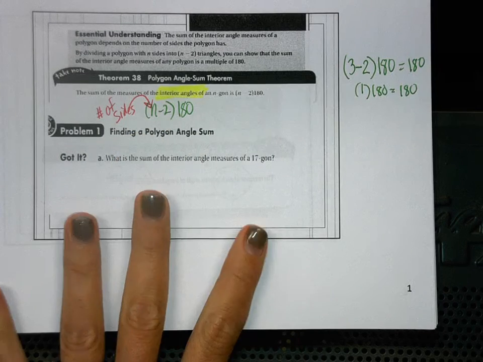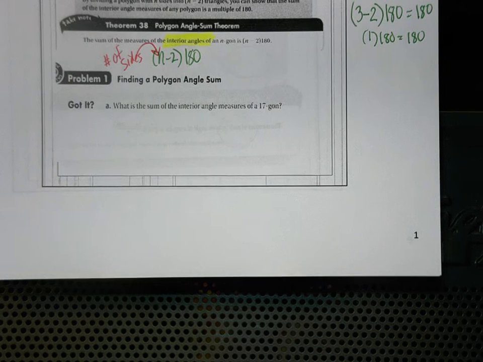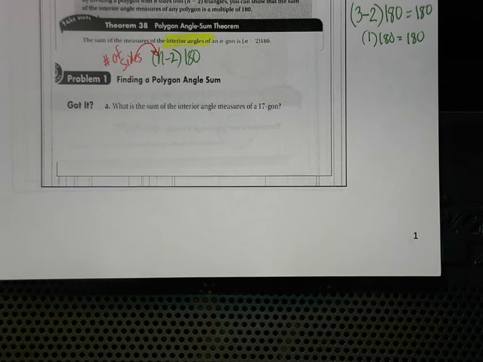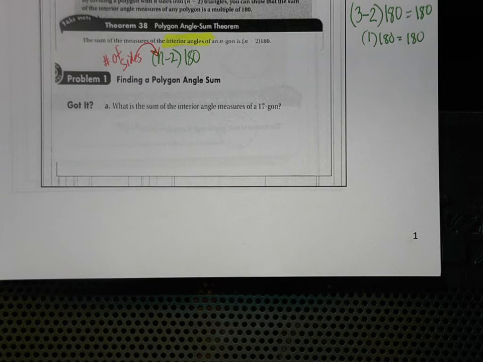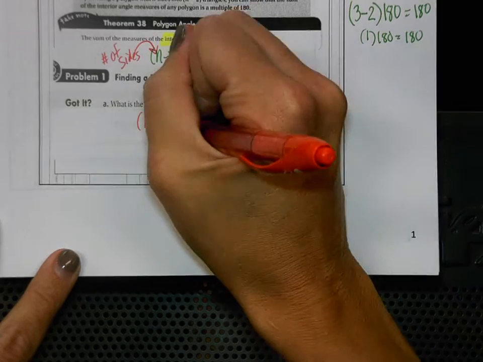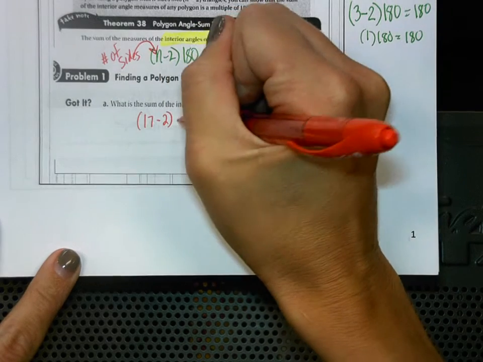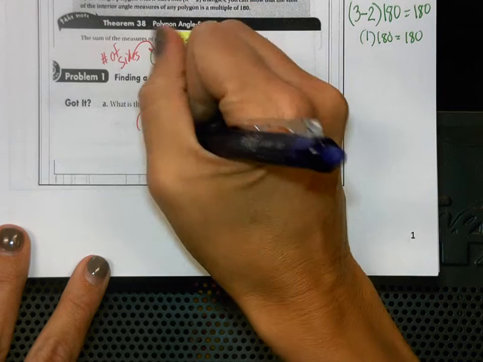So on the Got It problem 1, it says, what is the sum of the interior angle measures of a 17-gon? So we are going to use this same formula, but instead of writing n, we're going to write 17. 17 minus 2 times 180. What is 17 minus 2? 15.